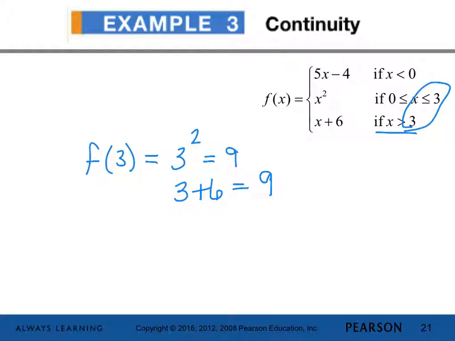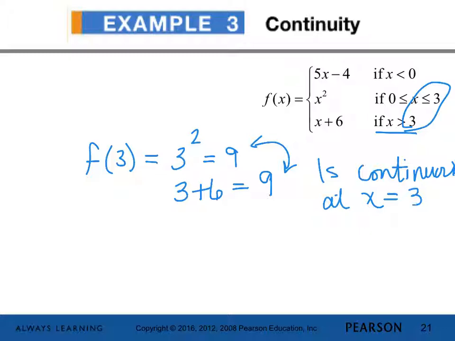So that means that it is continuous at x equals 3 because these two rules give the same answer at x equals 3. But again, at x equals 0, these two gave different answers.